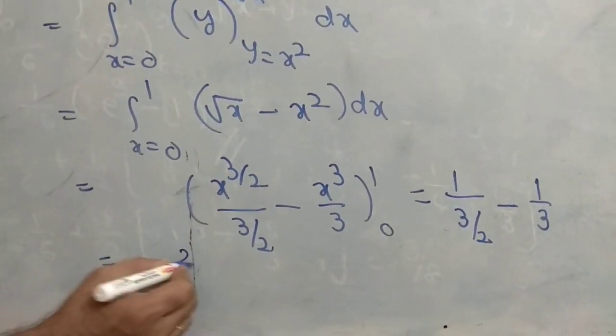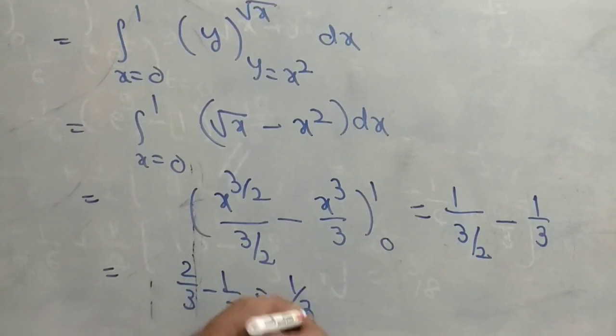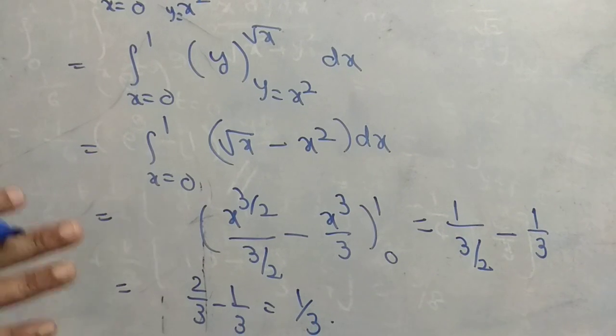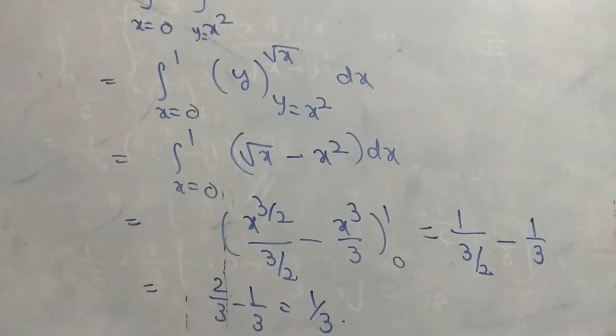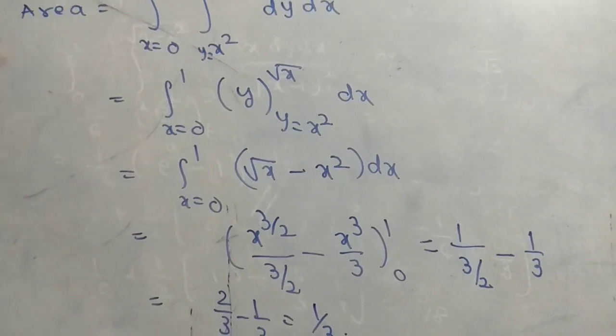So this is equal to 2 by 3 minus 1 by 3. So the final answer is nothing but 1 by 3. So 1 by 3 area it is occupying between the given equations. This is how you are calculating area corresponding to the two equations by applying double integral.